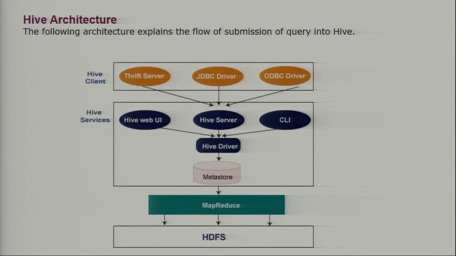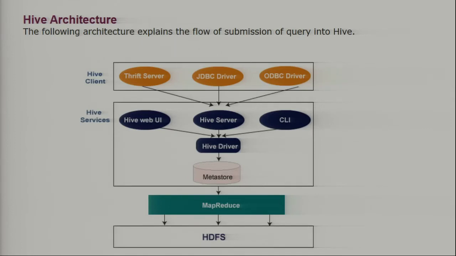So we have the Thrift server, the JDBC driver and the ODBC driver. This is how the client communicates with the Hive services. Hive services internally transform the query into a MapReduce job, which communicates with HDFS and does the job.